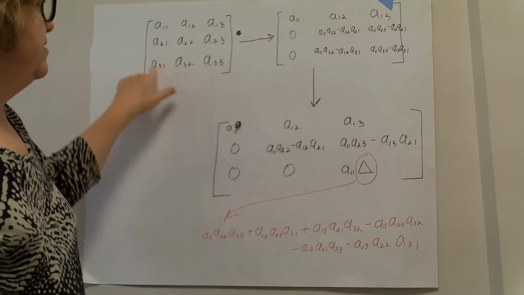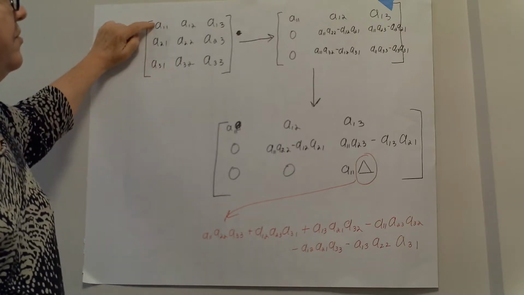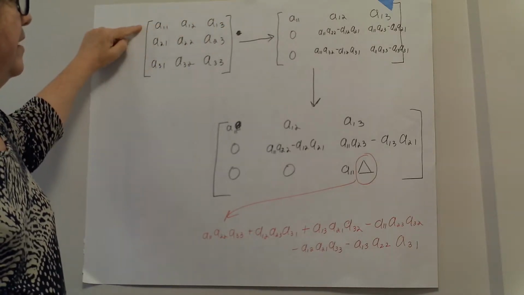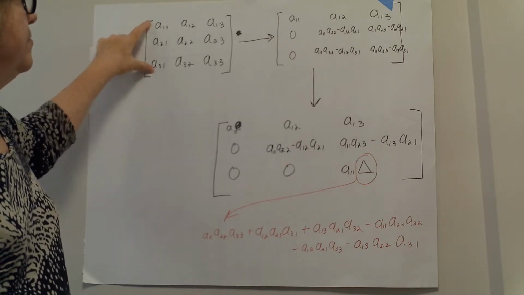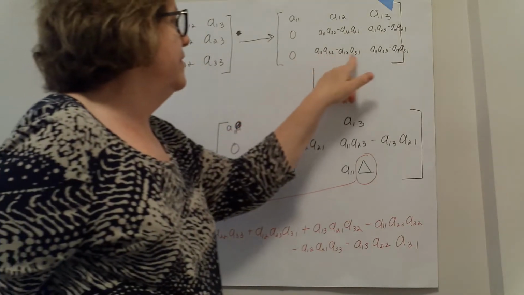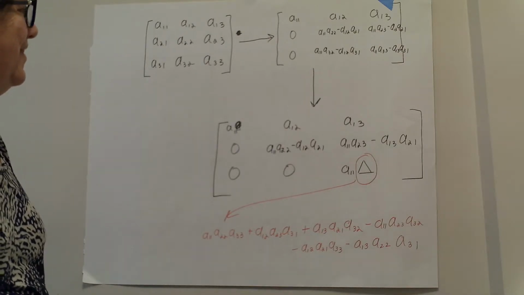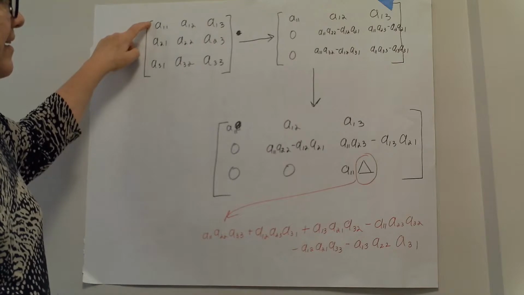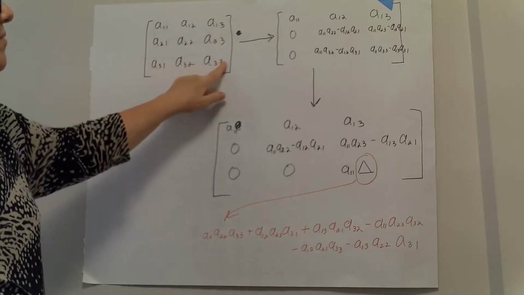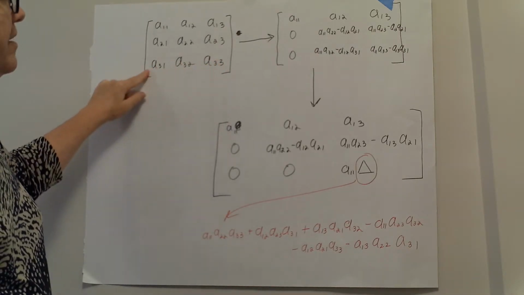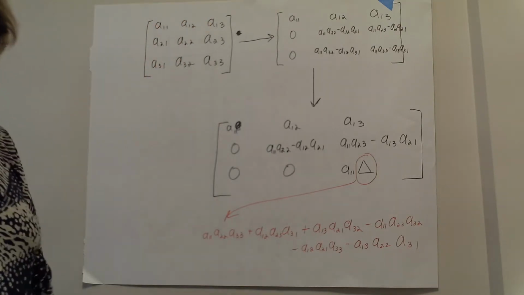Then I want to eliminate this entry. So again, I'm going to multiply this row by a11, and this row by negative a31, and add them.